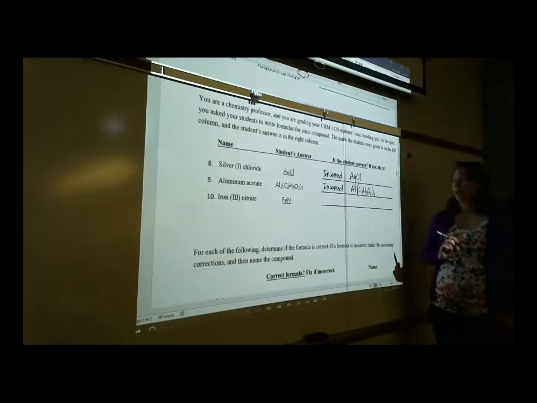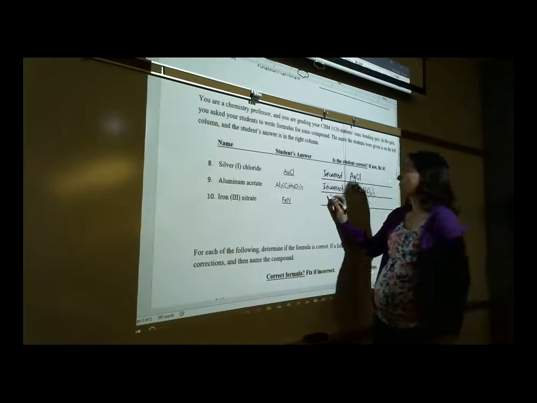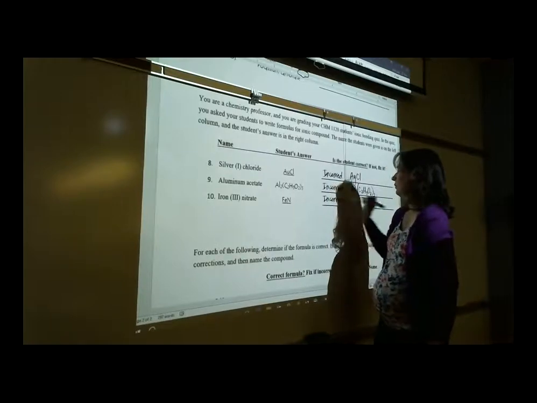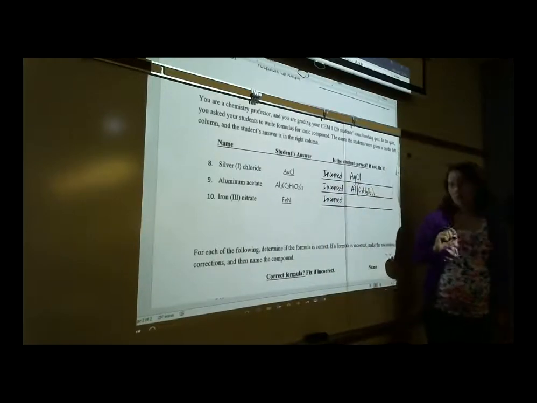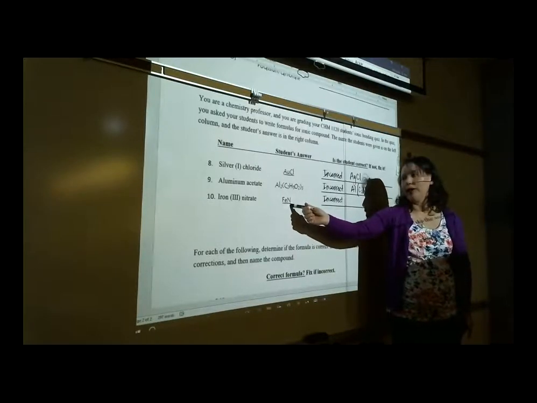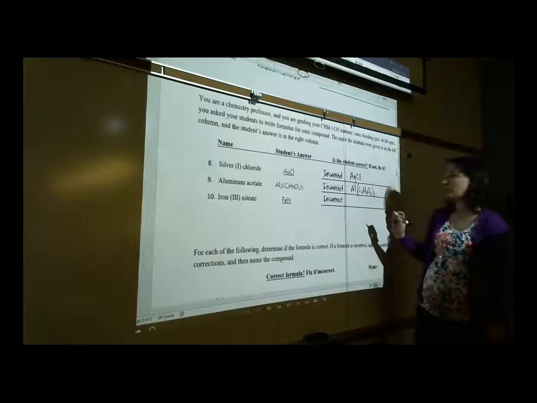Okay, number 10. Is that correct or incorrect? That's incorrect. What did the student do incorrectly? All right, they wrote iron 3 nitride instead of iron 3 nitrate. So what should the formula be?